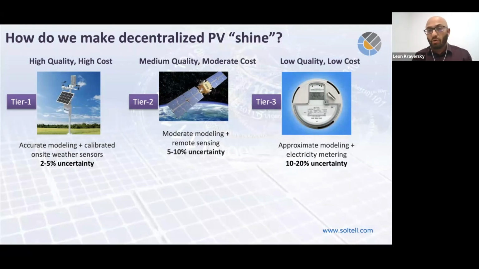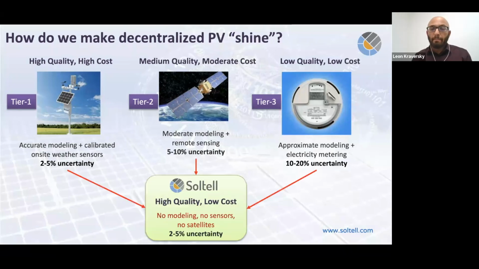In the middle, we have remote sensing techniques, which do provide some sort of solution for the centralized PV. Those can bring you to about 5 to 10% uncertainty. But on the other hand, decreasing the cost doesn't improve the uncertainty level.